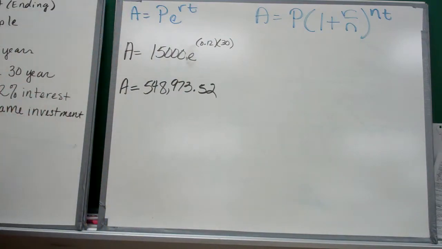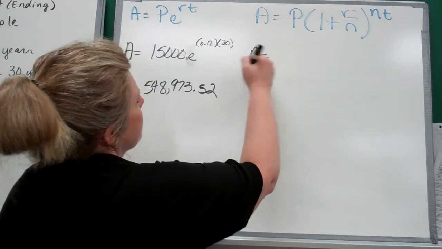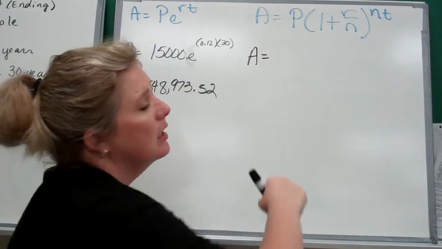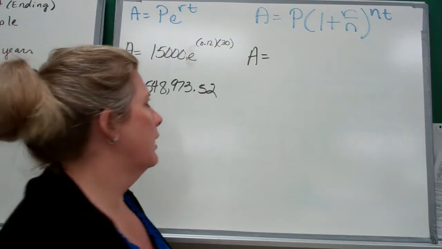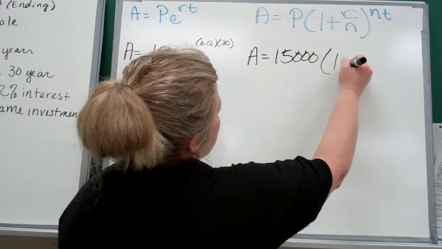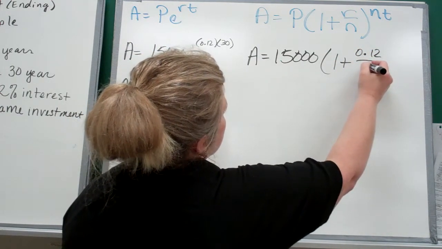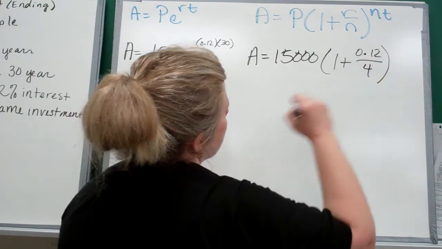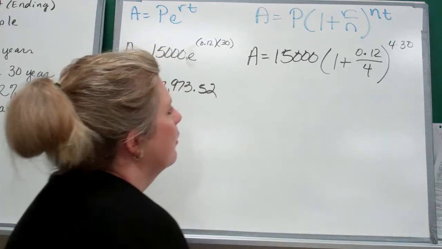But let's compare it compounded quarterly. What's going to happen if it's not compounded continuously? How much is it if it's only compounded quarterly? 15,000 times 1 plus your interest rate as a decimal, divided by 4, because quarterly is 4 times a year, and then this is to the 4 times 30 power.